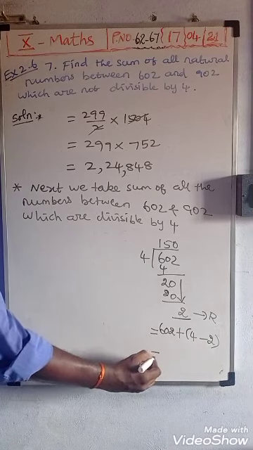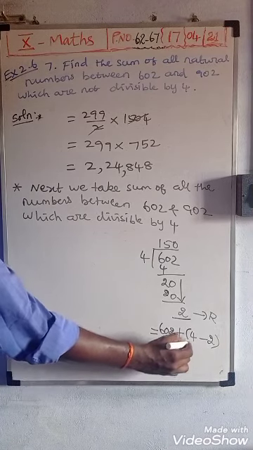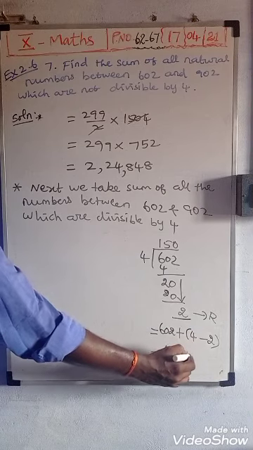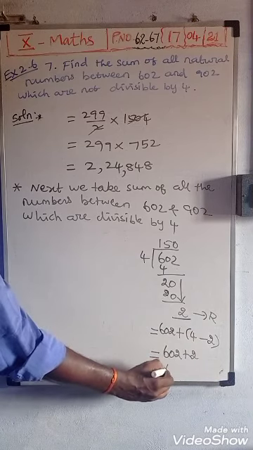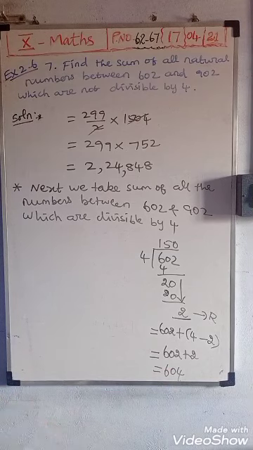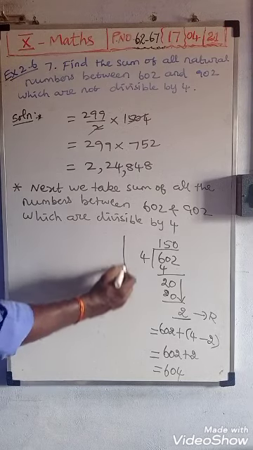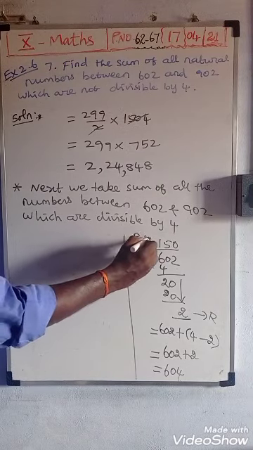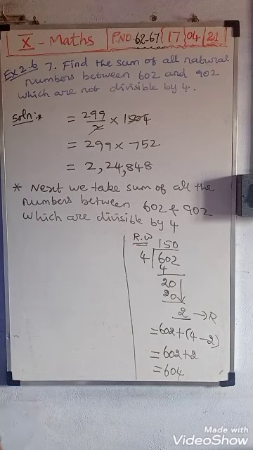So we get for the first number 602, here 4 minus 2 is 2. So the first number is 604, which is exactly divisible by 4. Okay, it is rough work. So the first number I received.